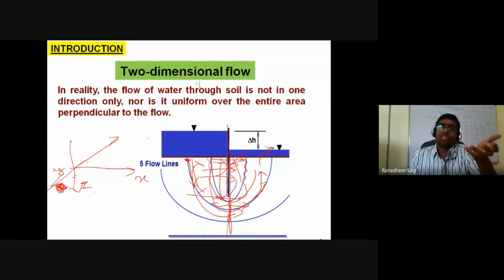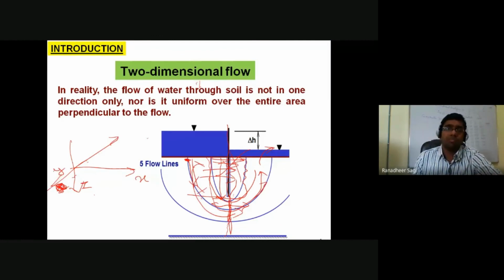Whenever we come across a hydraulic structure, what we generally see is that in the direction perpendicular to this board, the length of the cross section is relatively long, maybe the length of the embankment or of the concrete dam.